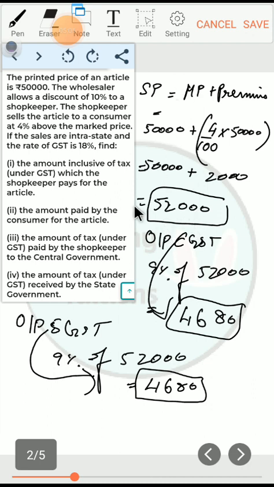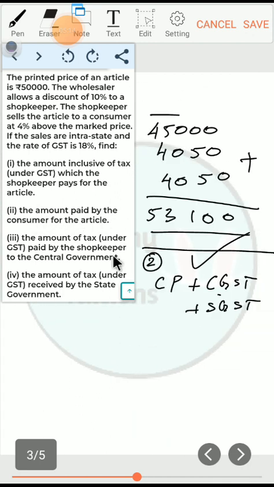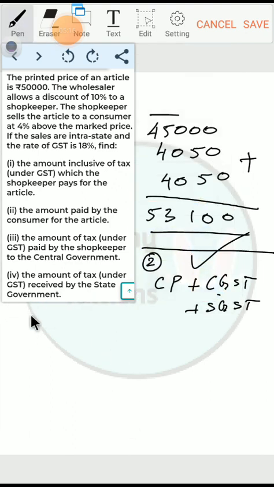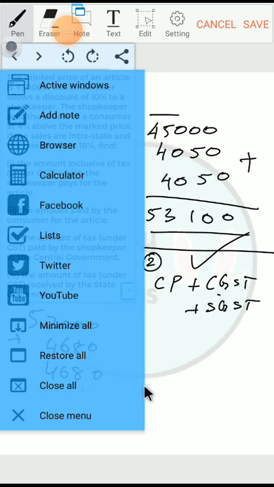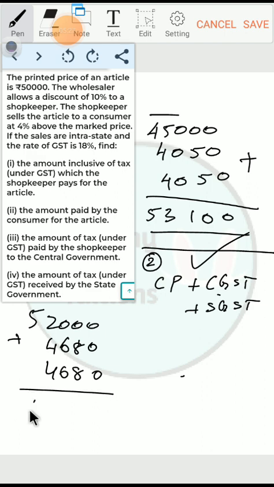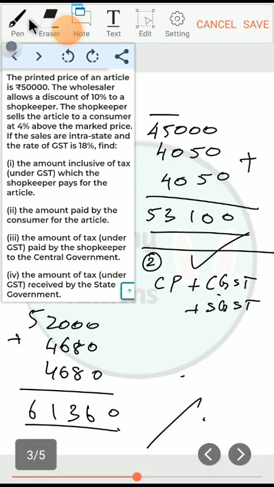Selling price is the amount the consumer pays, correct? So the amount paid by the consumer is 52,000 plus 4,680 plus 4,680, which will be 61,360. Done. Correct.